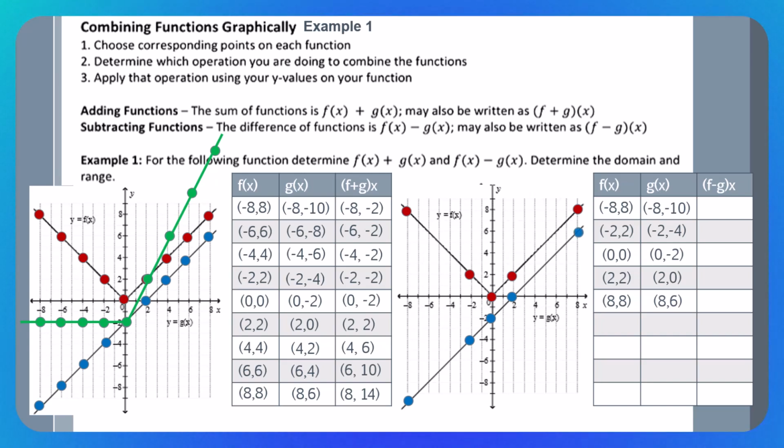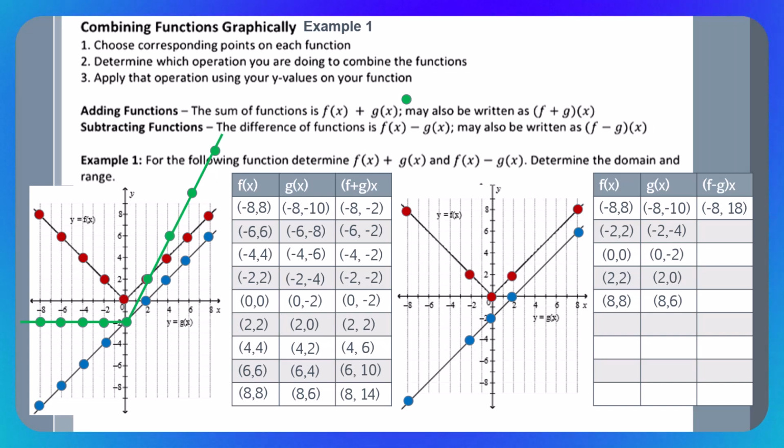So now we're going to subtract those and see if we can have enough points that we can graph. All right, so that first point is -8, and this is where you get 8, take away -10, so we're going to be adding 10 to get 18. That's going to be a little bit off my graph. I'm going to put it up here. It's about there. And then we're going to have the x value for that second set of points at -2.